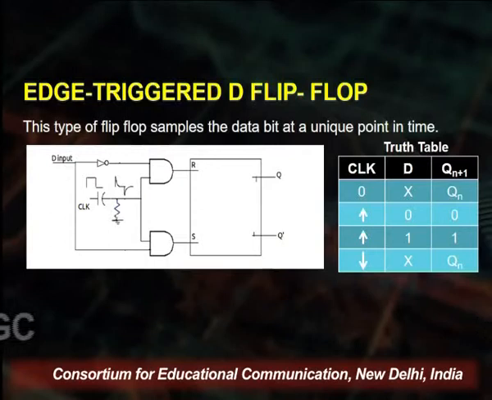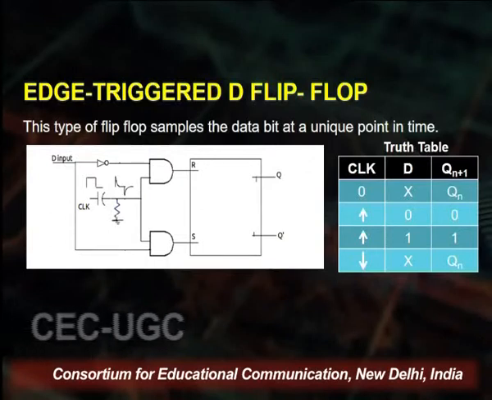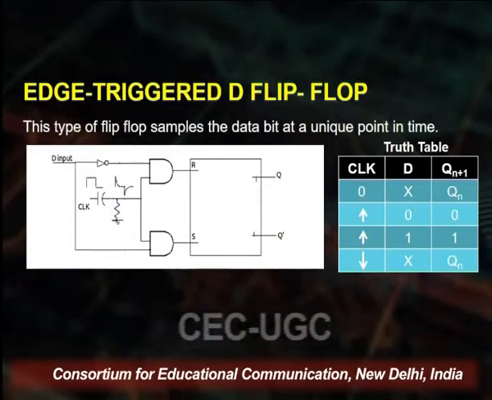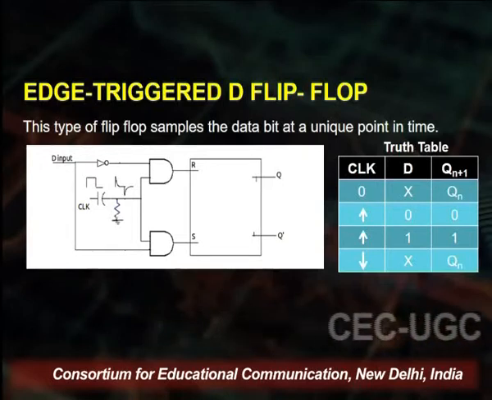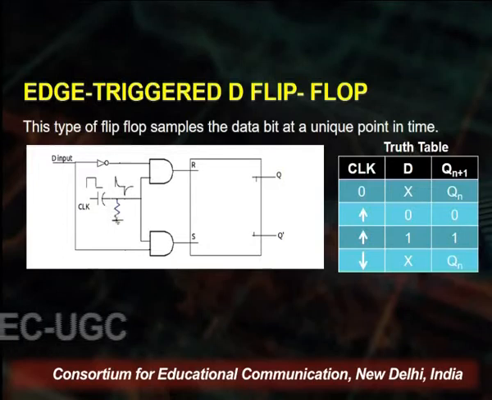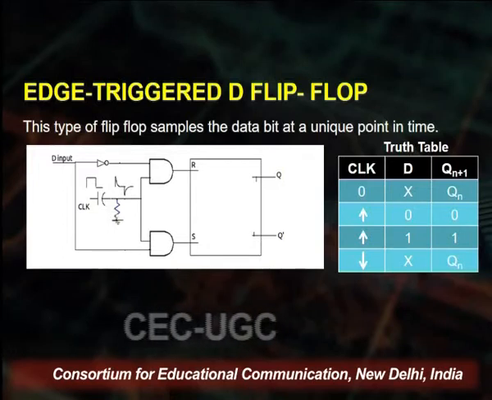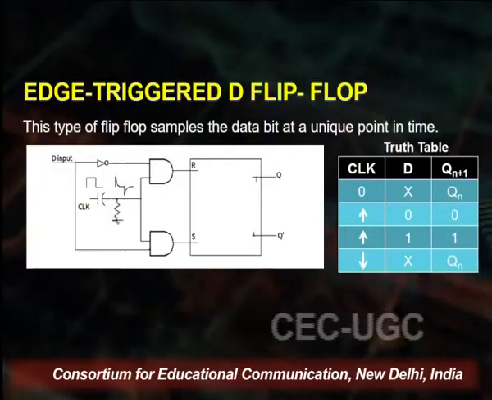modified the level triggering to edge triggering. Edge triggering has, in this case, a change of state from high to low or from low to high. The basic circuit is always a capacitor and a resistance.